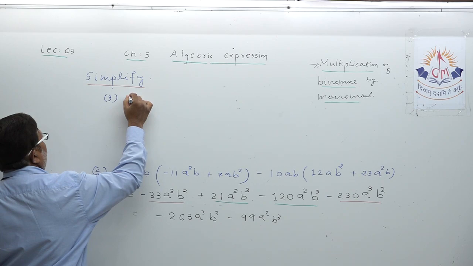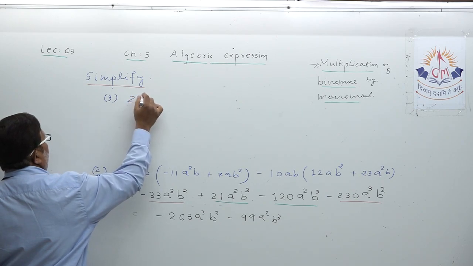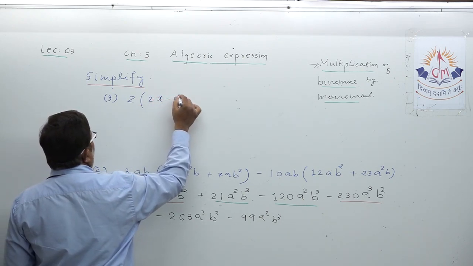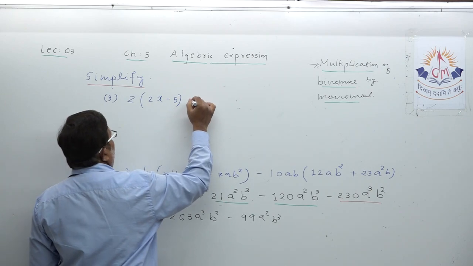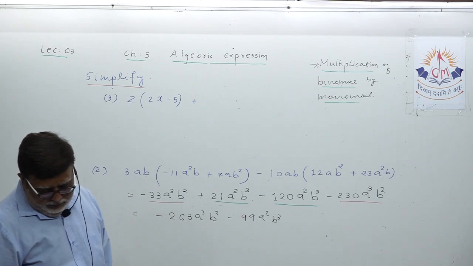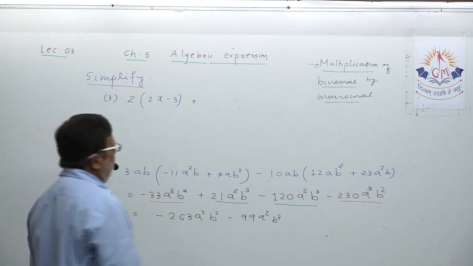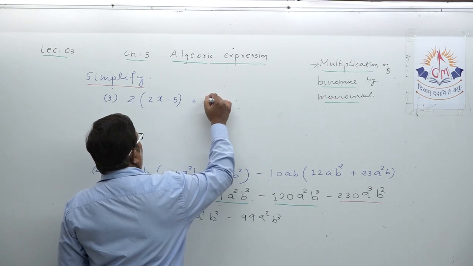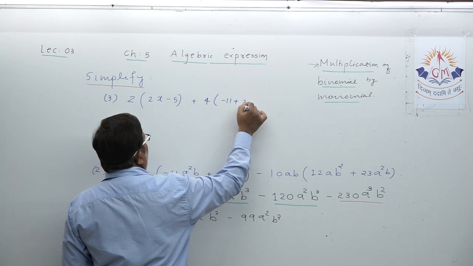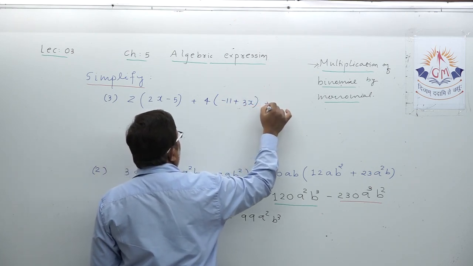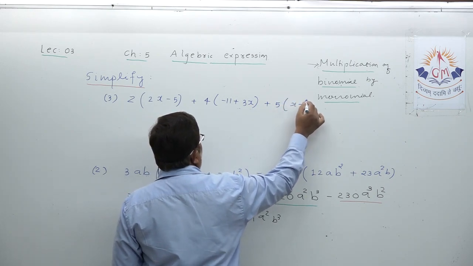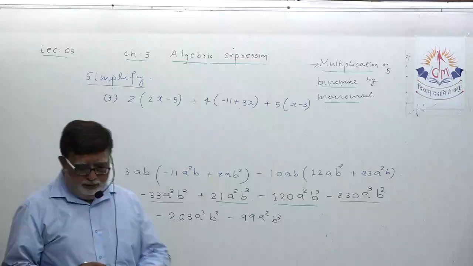I write 2 into 2x minus 5 plus, take an example, 2 into 2x minus 5, 4 into minus 11 plus 3x plus 5 into x minus 3. This is the example.